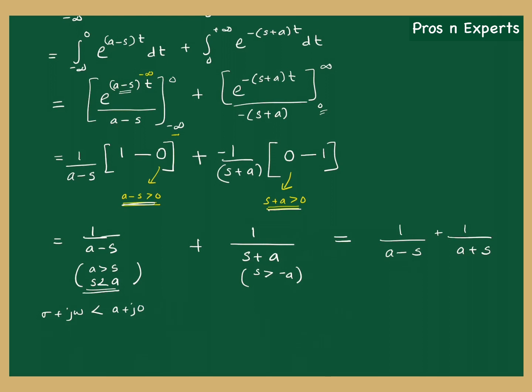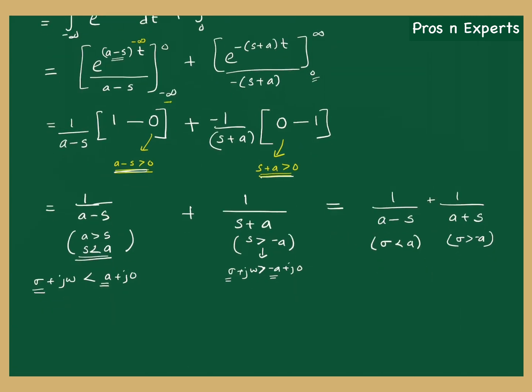So comparing real parts, sigma will be less than a for this term alone. For the next term, s greater than minus a means sigma plus j omega greater than minus a plus j0. On comparing the real parts, sigma greater than minus a will be the result.